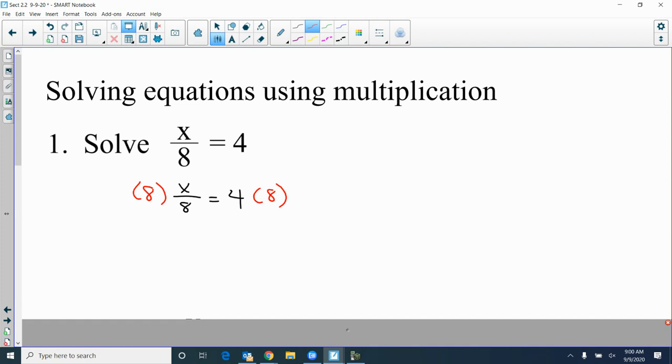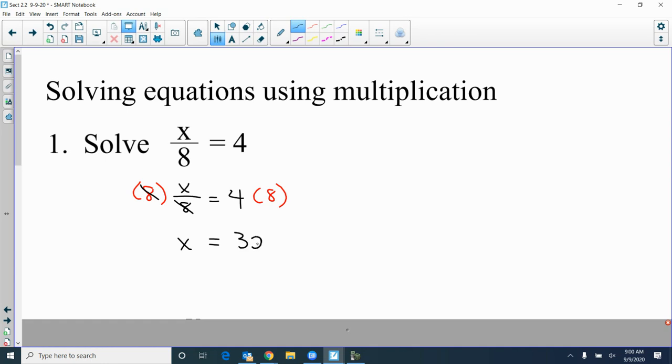What does it become? 1. Also, you can think of this as anytime there is a number on top and a number on the bottom, these numbers cancel. And they just leave you x. So when I multiply that, that takes away that 8. What do I get on the other side? 4 times 8, which is 32.